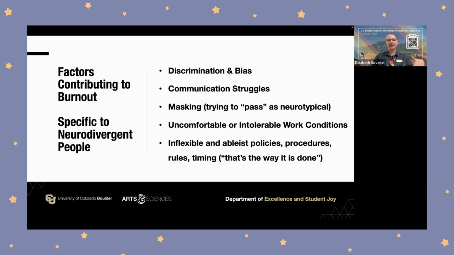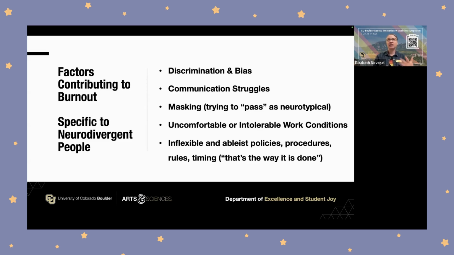But on top of that, they're dealing with discrimination and bias, and communication struggles, not for everybody, but different kinds of communication struggles for different people. A concept called masking. A lot of people who are neurodivergent, because of this whole ableist bias and discrimination, may be trying to mask as much as possible.